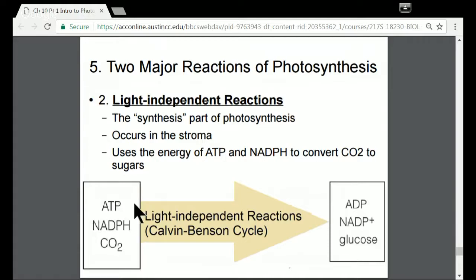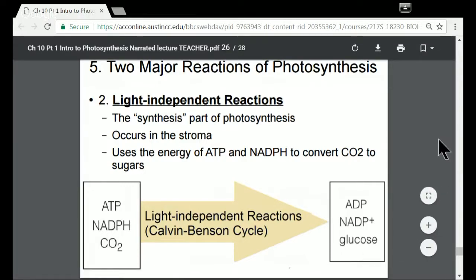The ATP and the NADPH are going to provide the energy to build CO2 into sugars such as glucose. So look what happens to these energy carriers. ATP is dephosphorylated into ADP, and NADPH is oxidized back into NADP+. And that energy is released, is used to build CO2s into glucose.